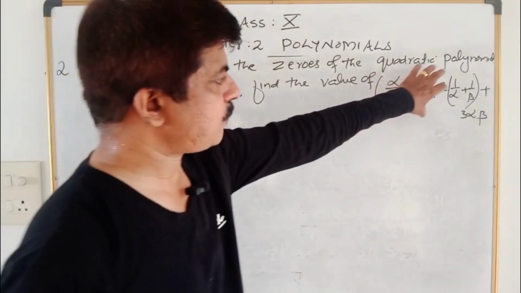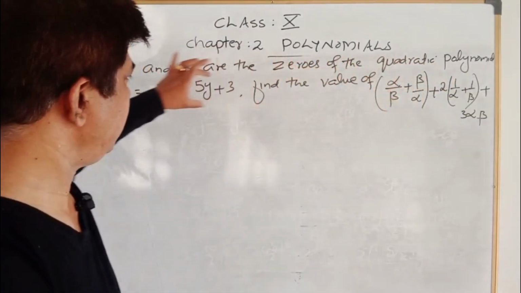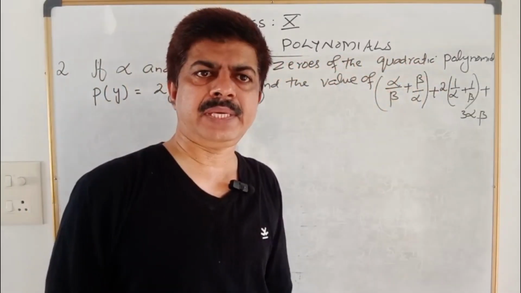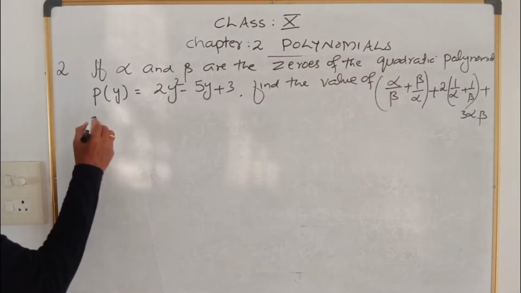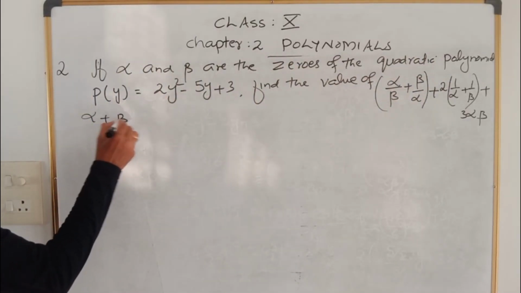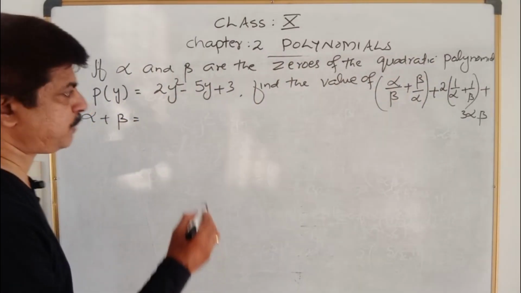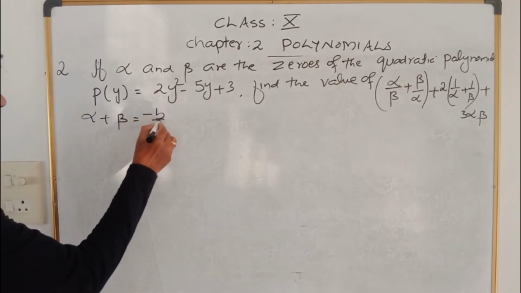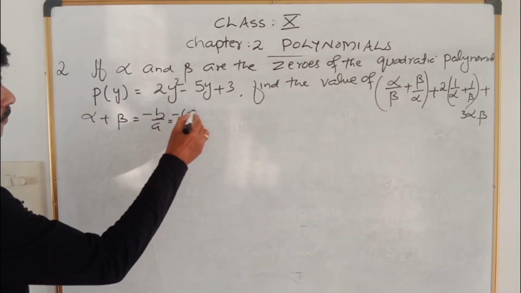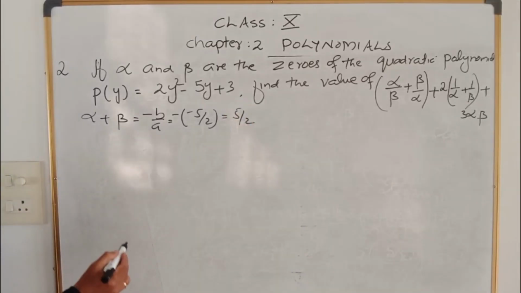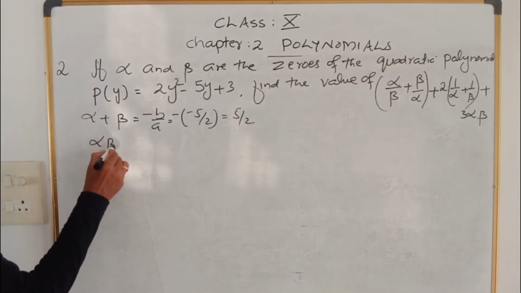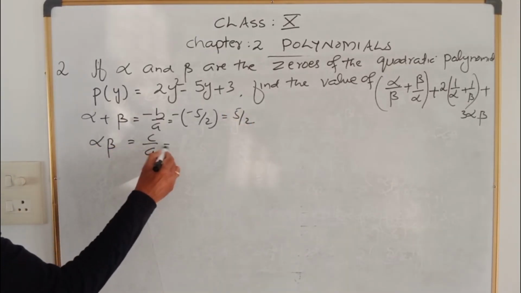Before we find this value, we have to find the value of alpha plus beta and alpha beta from the given polynomial. Minus b by a means minus of minus 5 by 2. The value of alpha plus beta is 5 by 2.